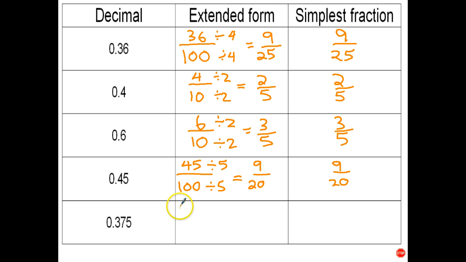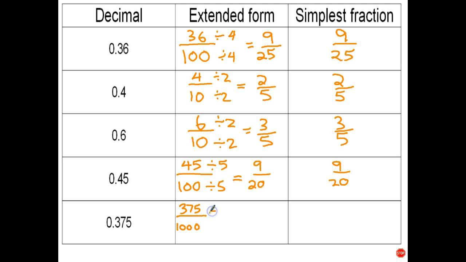Okay, and this last one's a little bit tricky. Because it's got 3 decimal places, that's going to be 375 over 1,000. Now, what's the biggest number that divides evenly into 375 and 1,000? Well, I can think of, say, 25, because I know that 25 times 3 is 75.